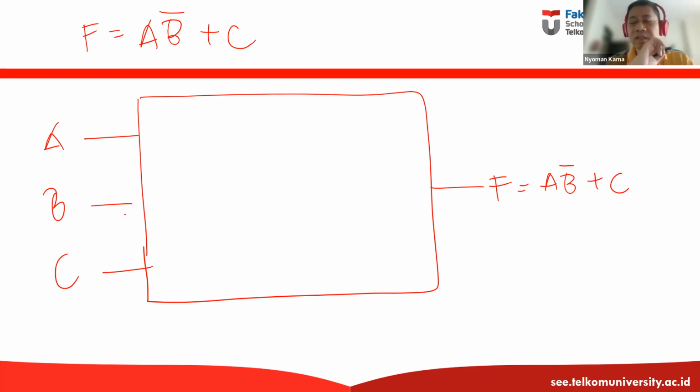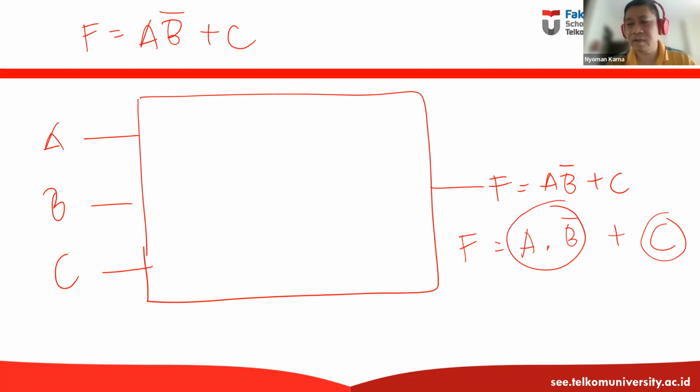The first step is to identify the last function used to create F. As we can see here, we have A times B naught plus C. To obtain the value of F, first we need the value of C and the value of A B naught.